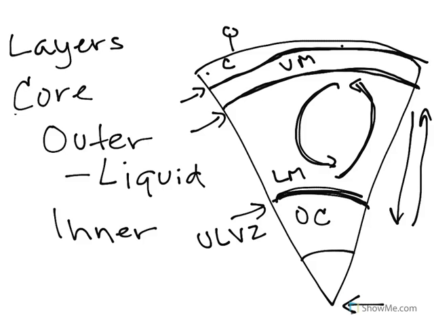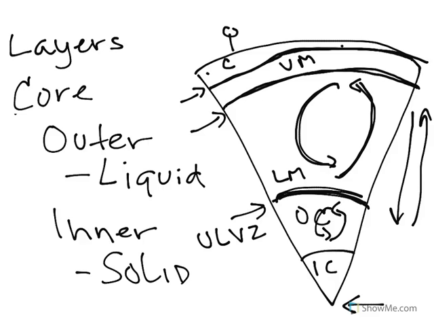Now, our outer core is liquid, and as we learned, the convection also occurs in the outer core. Now, the inner core, however, is solid. And this convection from the outer core to the inner core, on top of that inner core, is what makes our magnetic sphere around the Earth. So that's what gives us the aurora borealis that we also talked about earlier in the chapter.